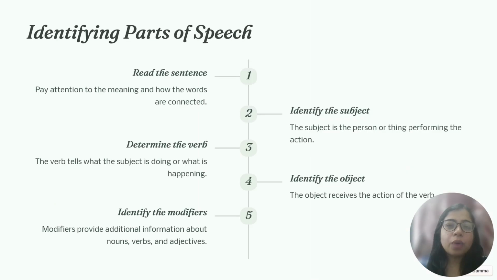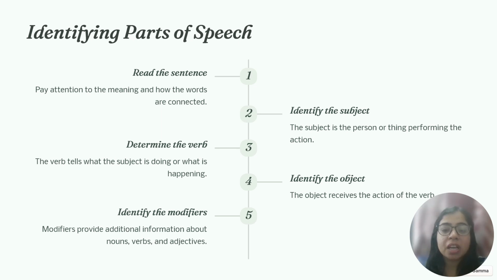Now, how do we identify a part of speech? First, you should read the sentence. In any grammatical exercise, the first thing you should do is identify the subject, who is performing the action. Identify the verb, what action is being performed, and the object, on what the action is being performed.